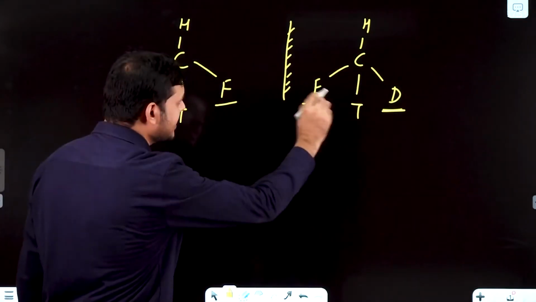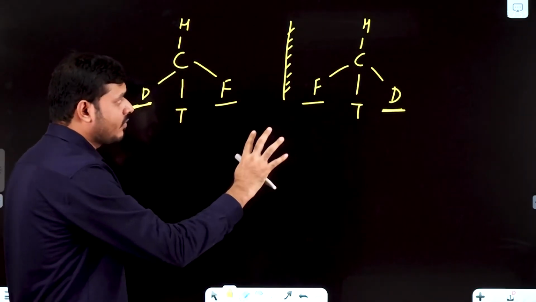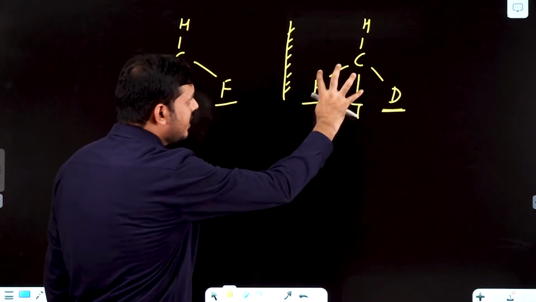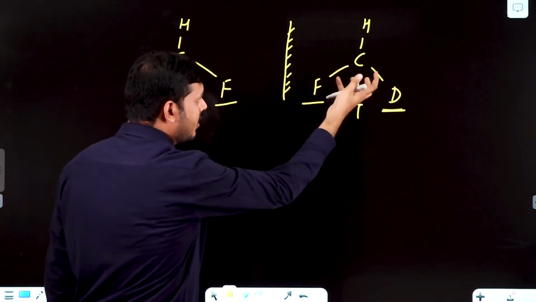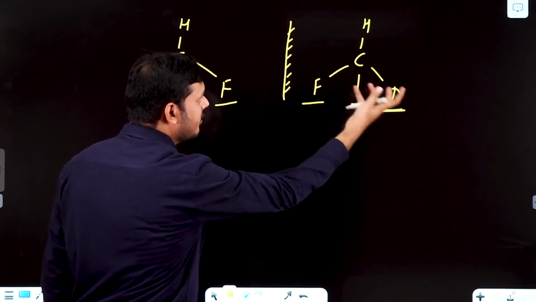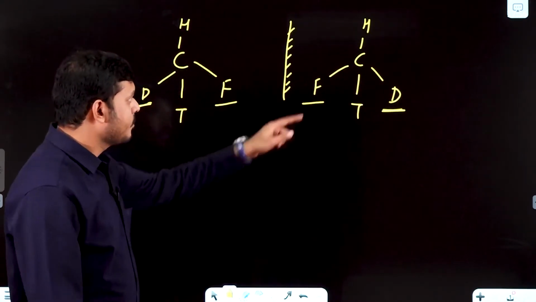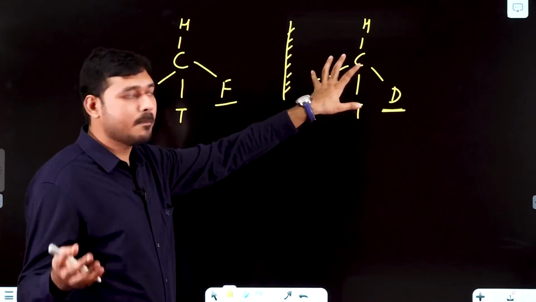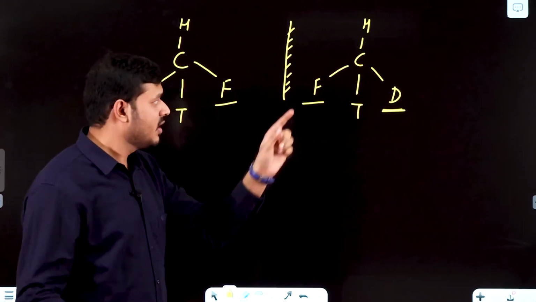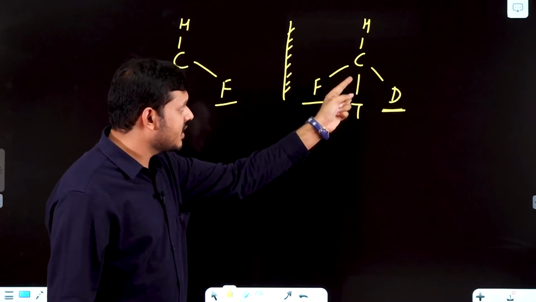Now let's see what can be done. Suppose I hold this compound and invert it, what will happen? This carbon will be at the same position, meaning the bonding will be the same, but observe in 3 dimensions. Earlier this tritium was this side.